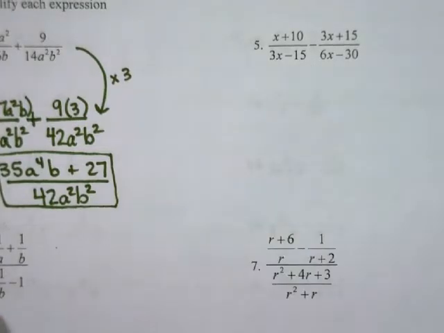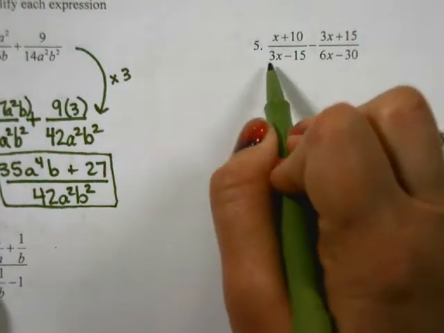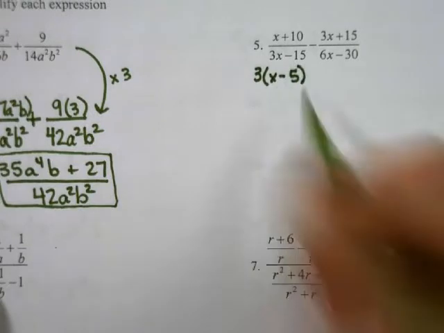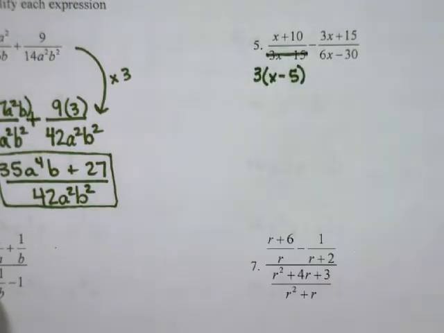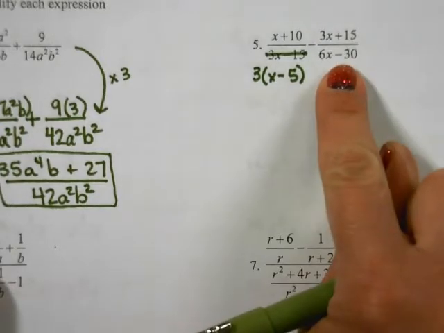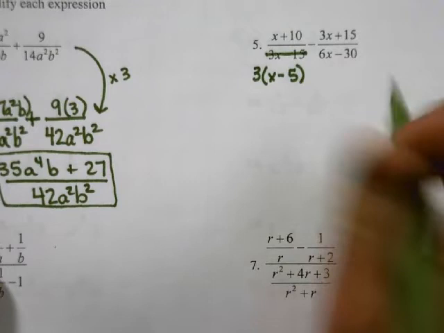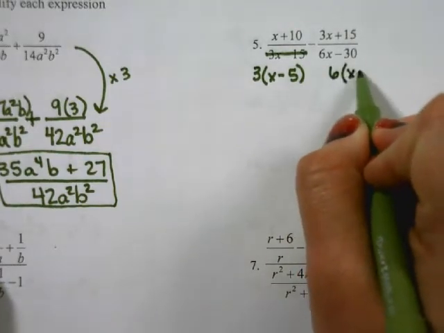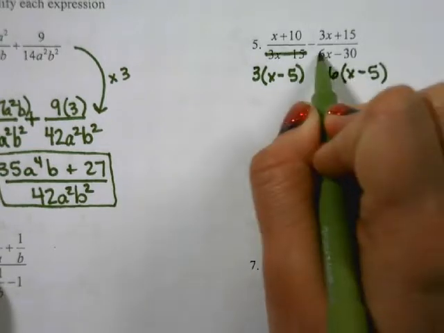What can come out? A 3. So this one factors into 3 times (x − 5). What can come out of that one? So it turns into 6 times (x − 5).